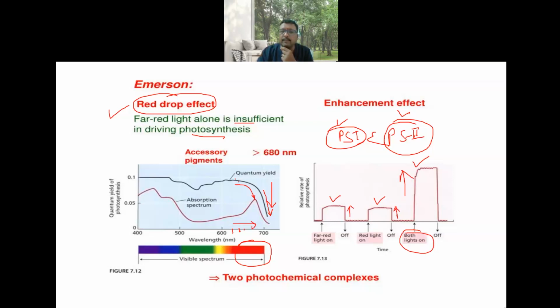But when both lights were used, that is beyond 680 nm and below 680 nm, the photosynthetic output was very high. So this was known as Robert Emerson's enhancement effect, and he came to the conclusion that there are two photosystems involved in the photosynthesis process.